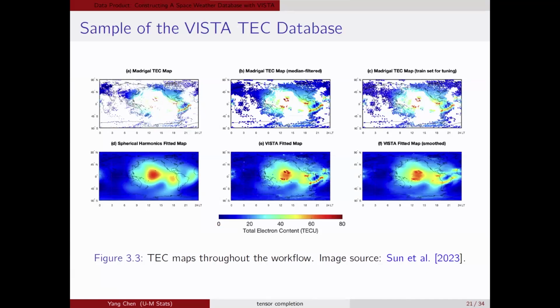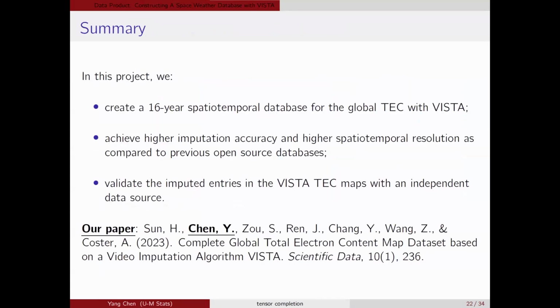And this is a screenshot of our VISTA TEC database. This is a raw observation. This is the median filtered observation. And this is our final data product. All of those entries will be available if you download our dataset.